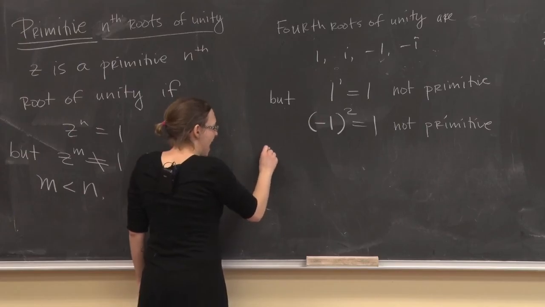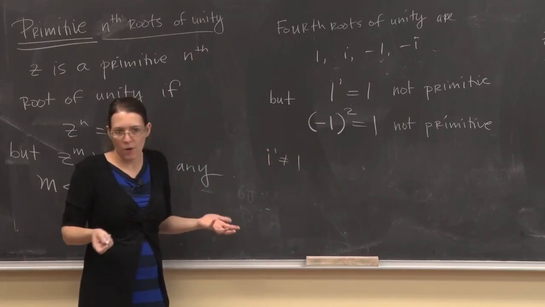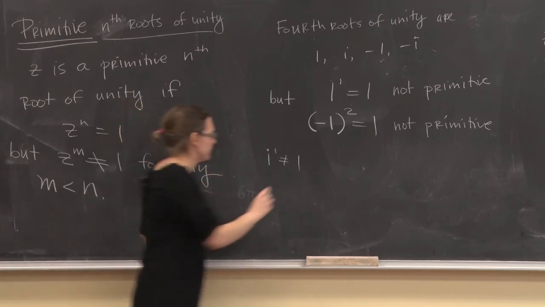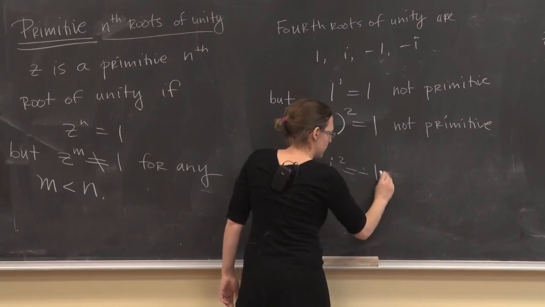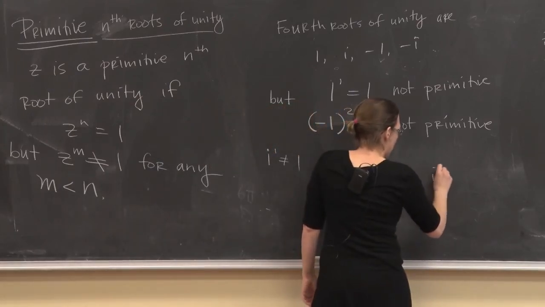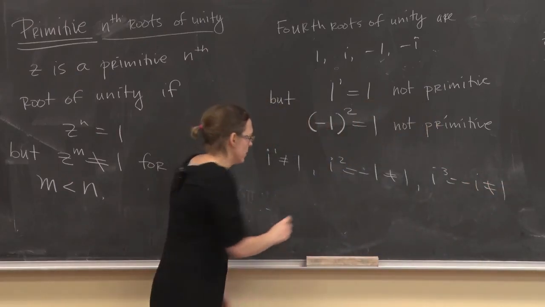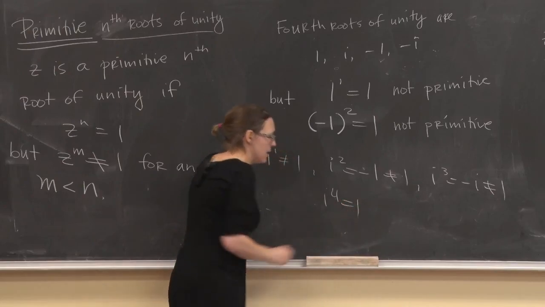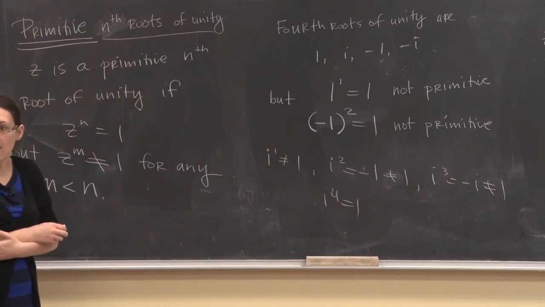But if I look at i, well, i to the 1 is not 1. i squared is minus 1, which is not 1. And i cubed is minus i, which is not 1. So i to the 4th is the first time that I get 1.